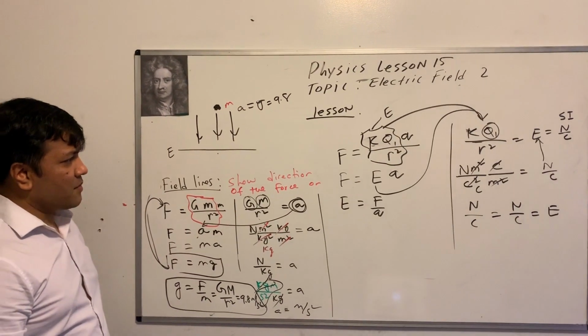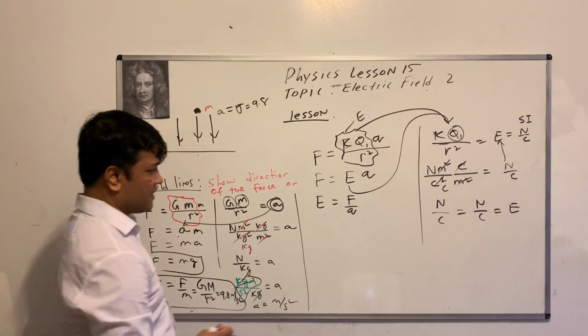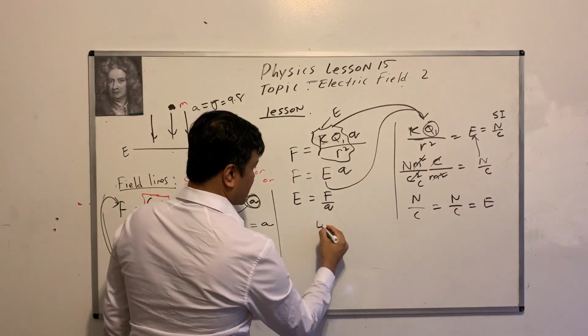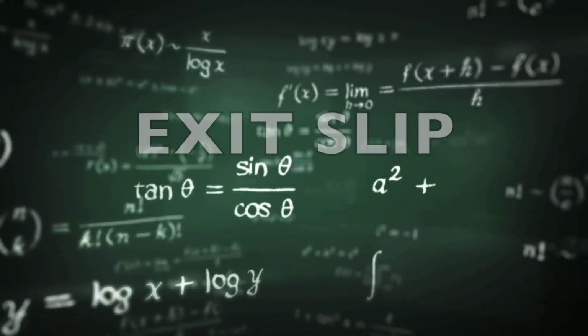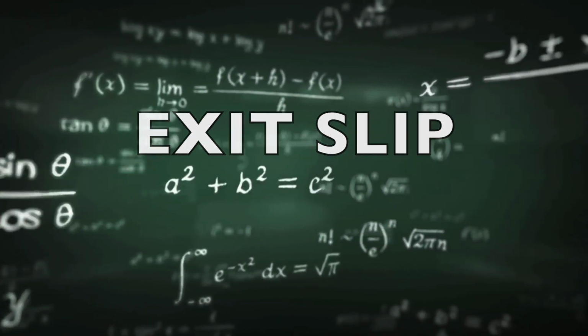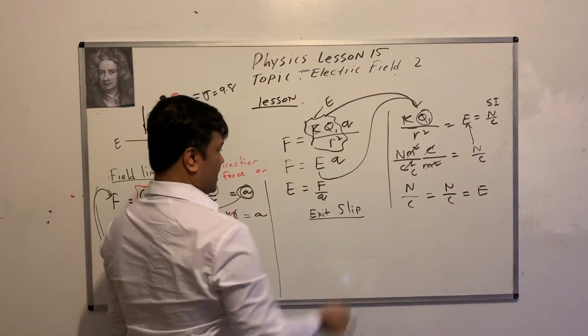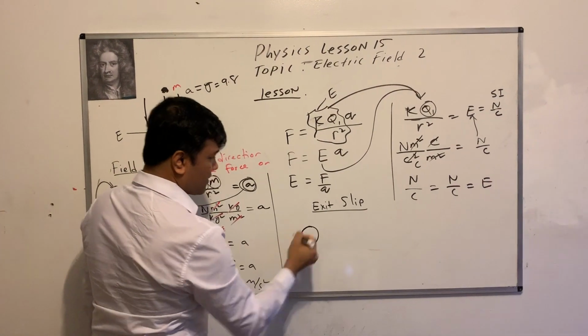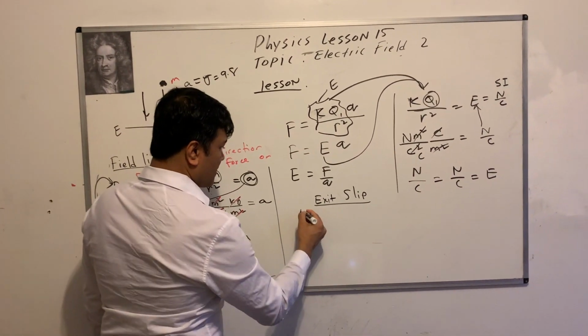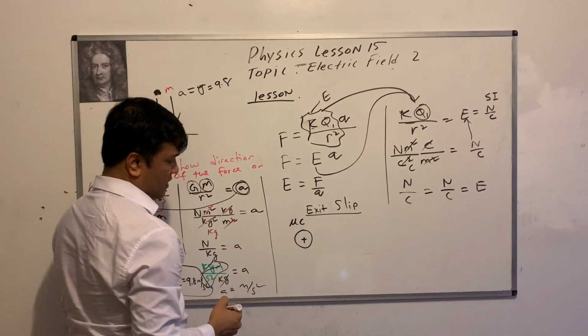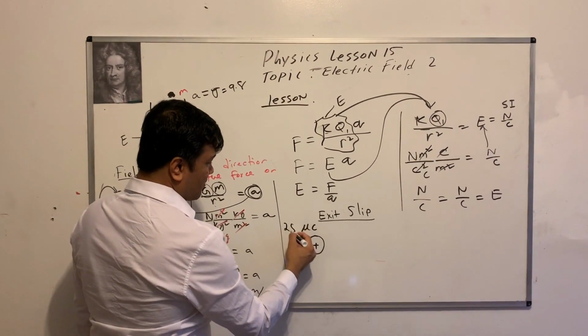Now I'm going to give you an exit slip. Let's finish today's remote learning with an exit slip. I'm going to use the same problem I gave you. So this is our source charge. Our source charge is positive, 25 microcoulomb.